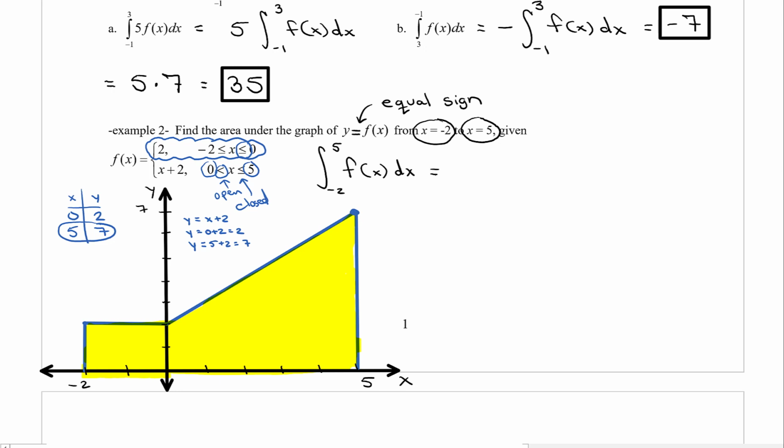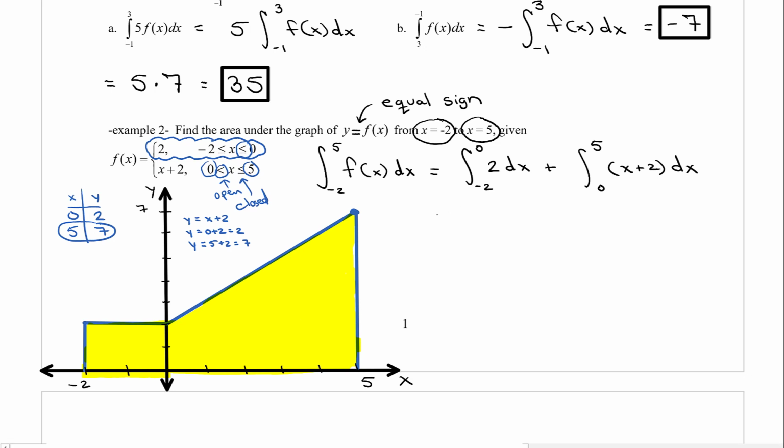So I'm going to write this as the integral from -2 to 0 of 2 dx plus the integral from 0 to 5 of x plus 2 dx. And I know I can do this based off of the properties of definite integrals that we discussed earlier. I can write this as the sum of two integrals, and that will still give me the total area that's under this function.